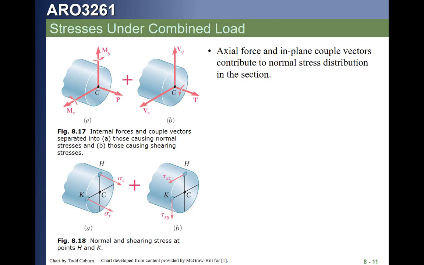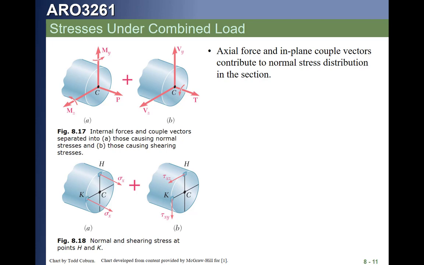If we look at the normal stresses, we see P is going to cause a normal stress in the x direction everywhere. The moment is going to cause a normal stress that's a maximum over here at the left at point K, and at its other side, but it's zero along that vertical axis where we have point H. The moment about the Z is going to give us a maximum up at point H, but it's going to give us a zero stress at point K, and so on.